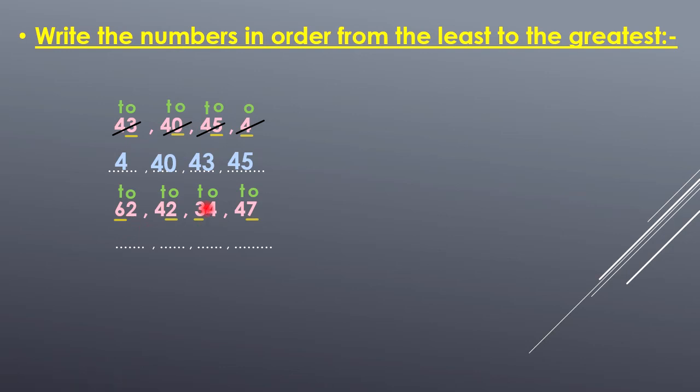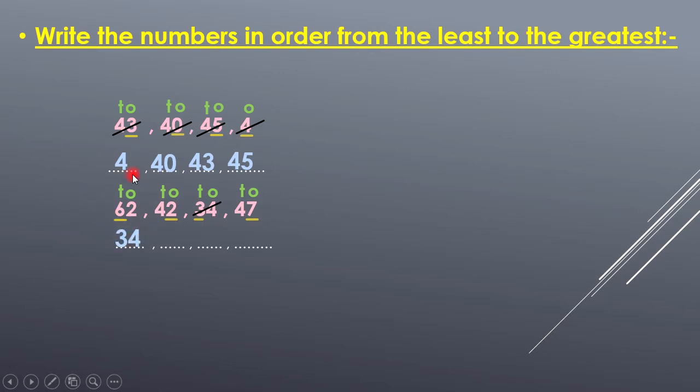Let's see together. Where is the smallest number? Yes, the smallest number is 34. So I cross 34 and put 34 here.